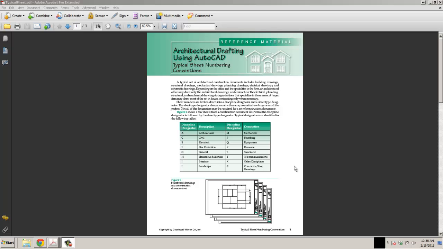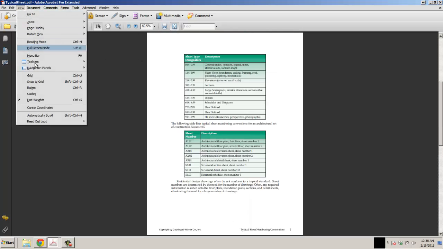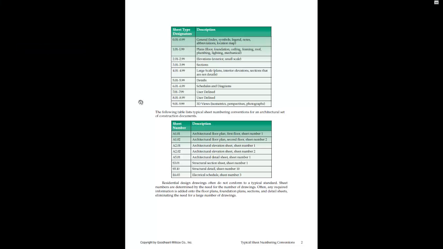So if we look on page 2 in this PDF file, let me see if I can view it as a full screen there, so it shows up a little better. We can see some general descriptions on the numbering here, and this is one type. The American Institute of Architects actually has a specific numbering. This is just a good example.